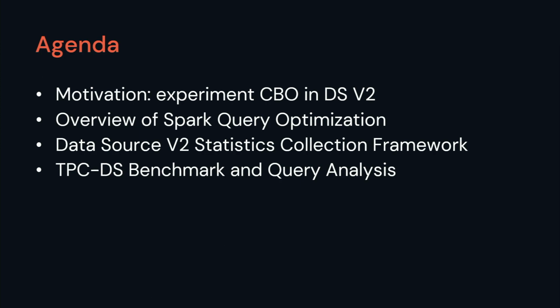So we can collect the column statistics from V2 data source, and then report this to Spark. And Spark can use this statistics to calculate the cost of the physical plan, and then it will pick the most optimal plan to use.